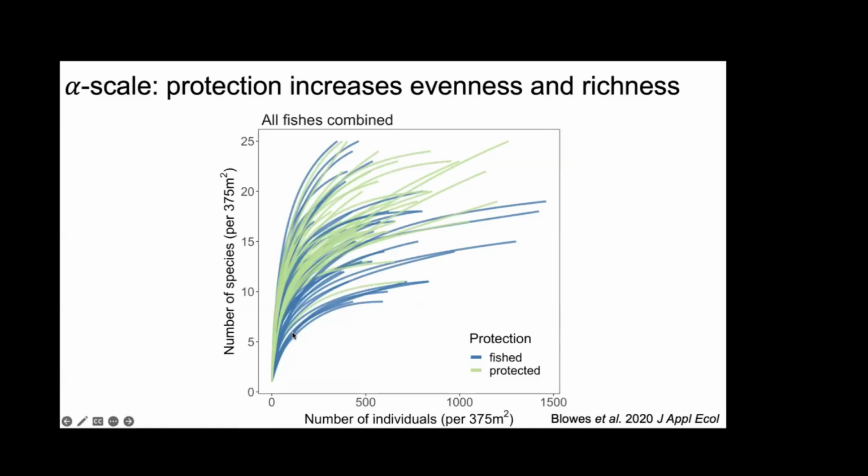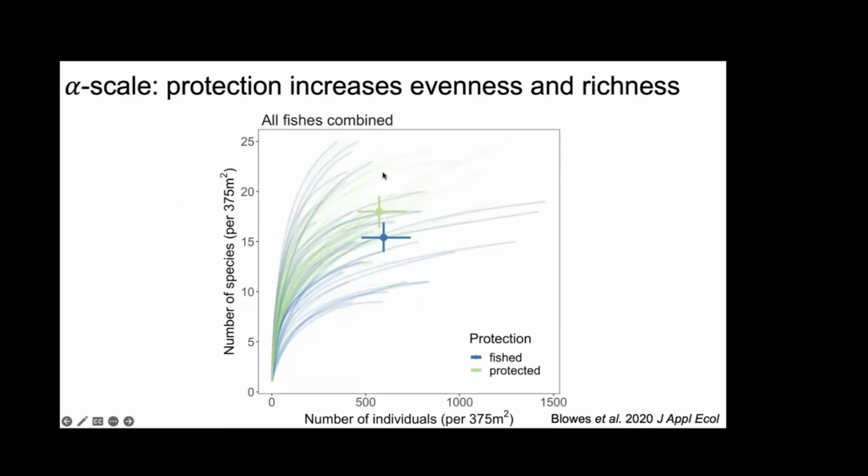So this is what the data look like at the local scale, the alpha scale. And so again, I kind of said with some practice, we'd be able to read these rarefaction curves, and we can see from the title exactly what we found here, that protection tends to increase evenness and richness, okay?